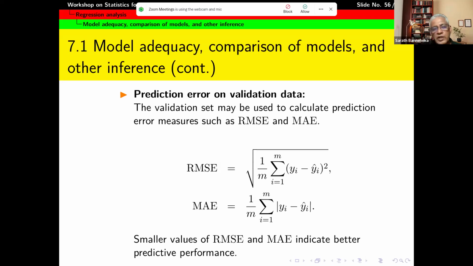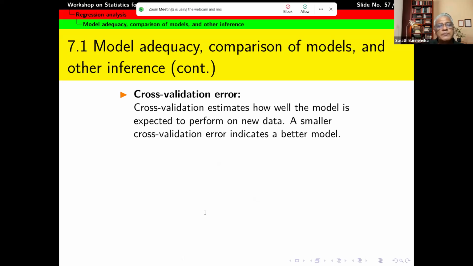So for both, you would expect for a good model, these numbers have to be small, right? So if you are comparing two models, you can look at RMSE and MAE for both models and then select the model with the smaller root mean square and smaller MAE values.